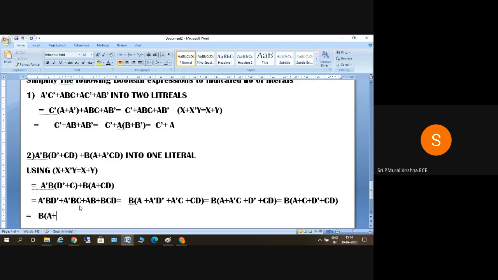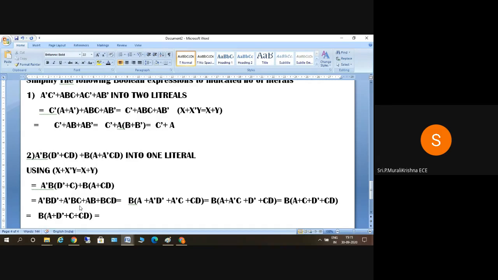Okay, so we have A plus D bar. So already we got this, right? So D bar plus C plus CD. Okay, so x plus xy, if I take C as common, so what happens there?